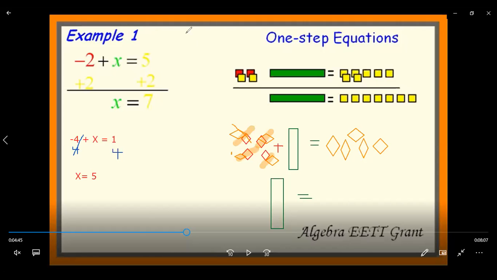And 5 yellow squares means positive or negative? Positive. So here I use 5 yellow squares: 1, 2, 3, 4, and then 5.